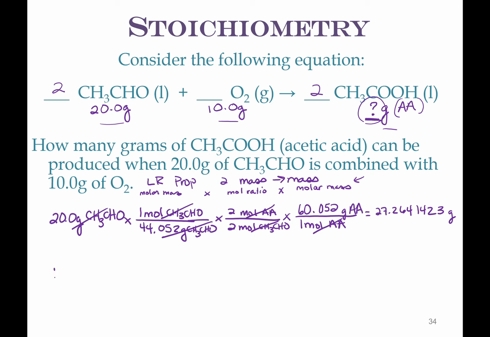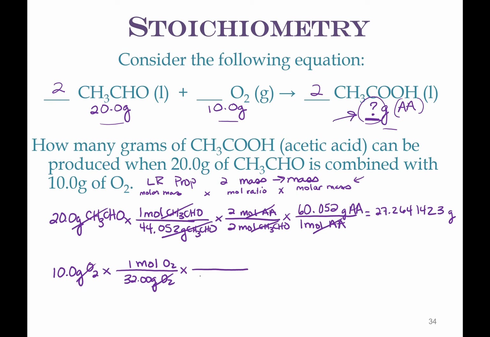We'll start now with the 10 grams of oxygen. Oxygen is O2, so it has a mass of 32 grams per mole. So that's our molar mass step. Grams of oxygen cancel. We're in moles of oxygen, so now we can go to moles of anything. What do we want to go to moles of? Our question mark.